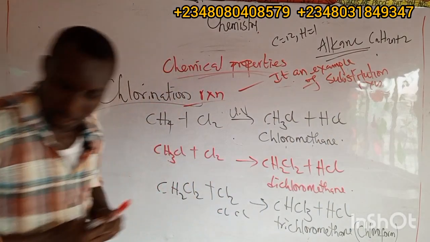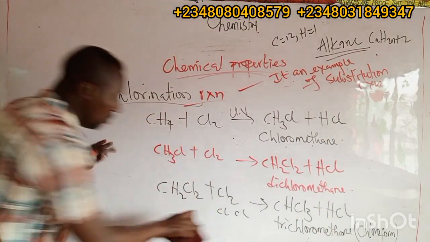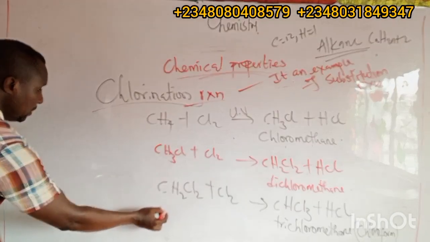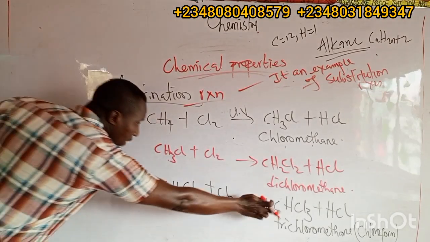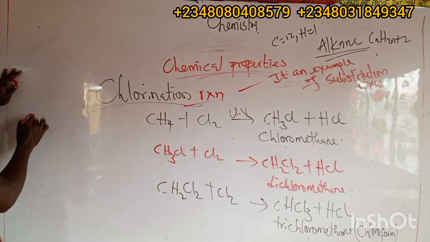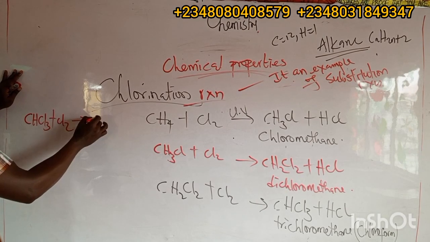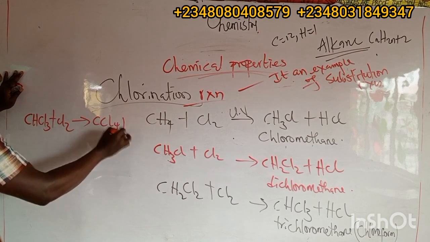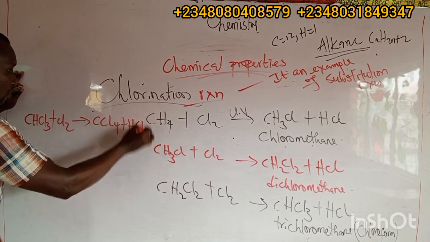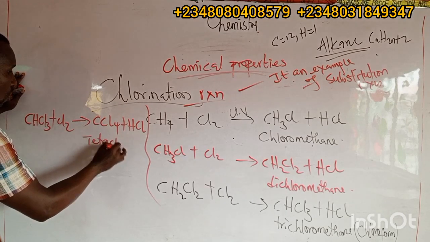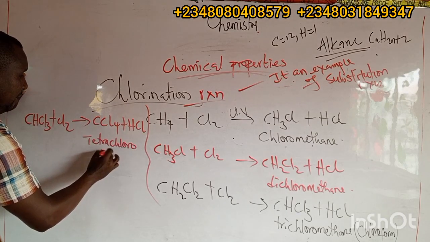Take note of that. Chloroform. Then the final one: CHCl3 plus Cl2 to form CCl4 plus HCl. This one is tetrachloromethane.